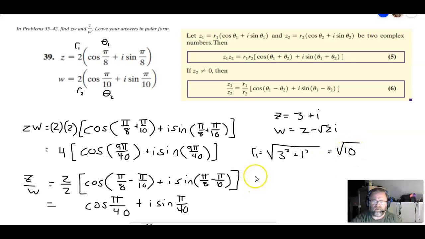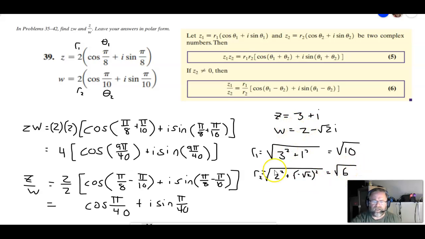For R2, we use the same formula with 2 and negative root 2: 2 squared plus negative root 2 squared is 4 plus 2, which is 6, so we get the square root of 6.